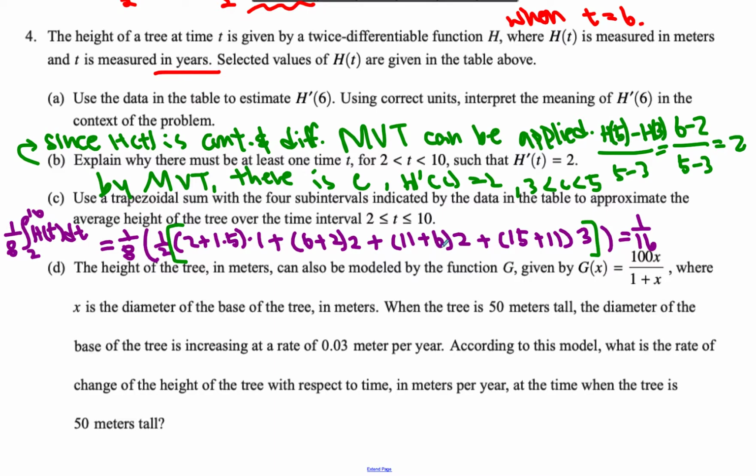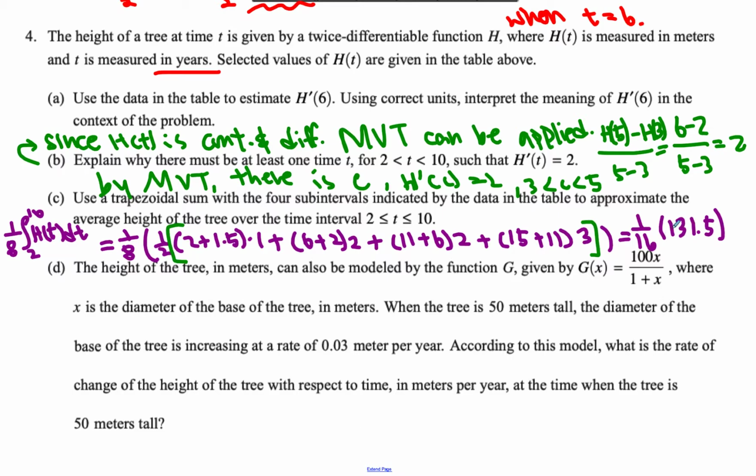So far we get 53.5. And then this one is 26 times 3, so we get 78. So we get 131.5. So that's basically what we end up getting.